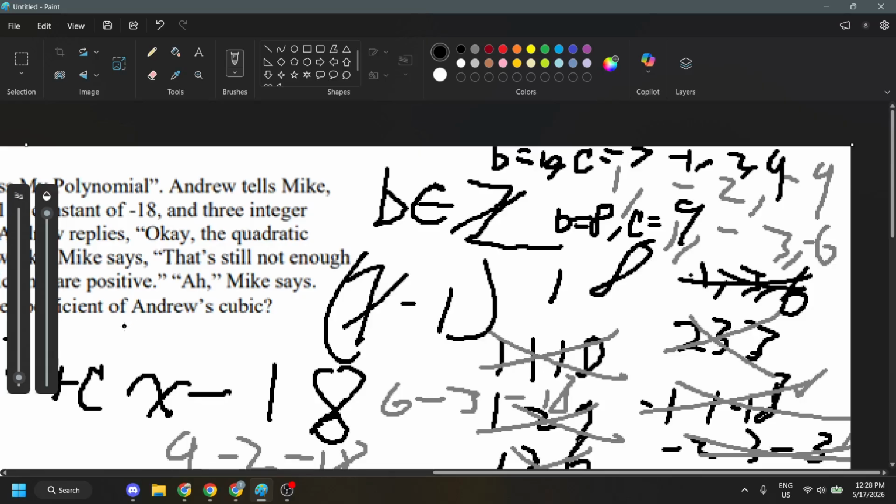So negative 1, 2, negative 9. This adds up to negative 8, which is what we're looking for. And 18 would be negative.